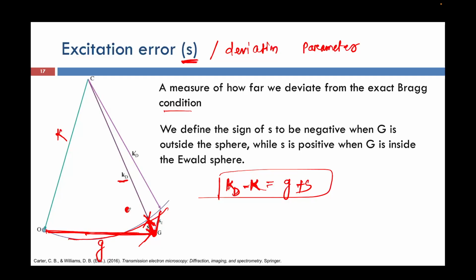So now what we did: even though our sample is not staying exactly on the Ewald sphere, still some amount of diffraction we will be considering. We cannot say that the Bragg condition is not satisfied.